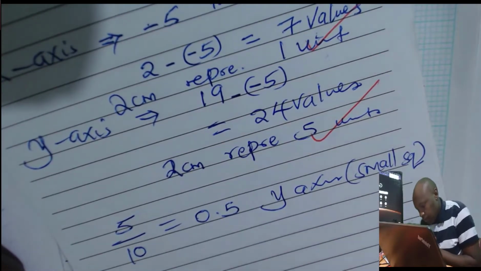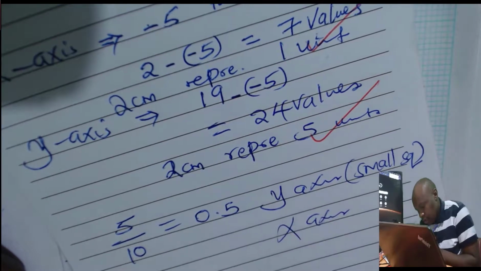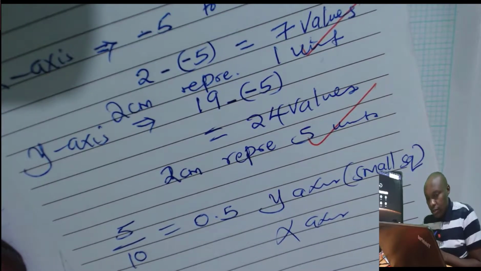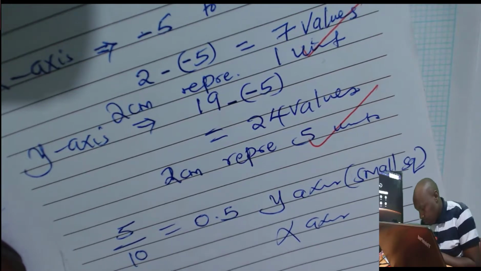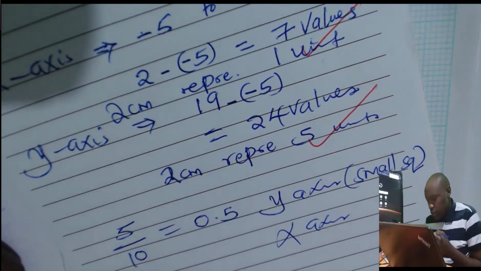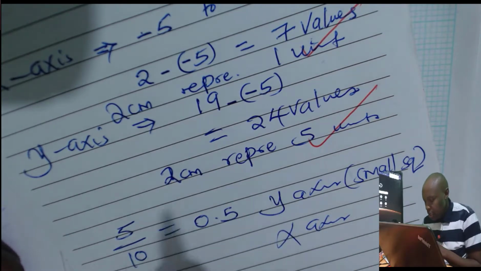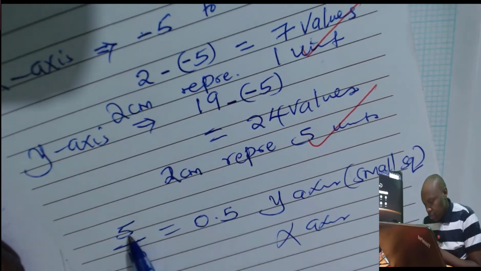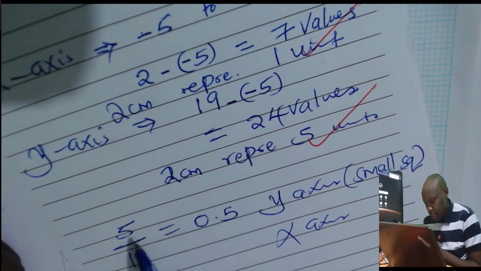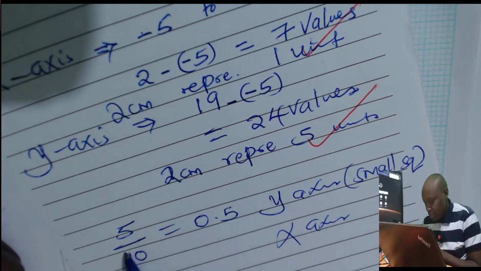Then for the x-axis, you have 1 divided by 10, because 2 centimeters represent 1 unit, and inside those 2 centimeters there are 10 small squares. For the y-axis, 2 centimeters represent 5 units, then within those 2 centimeters there are 10 small squares.